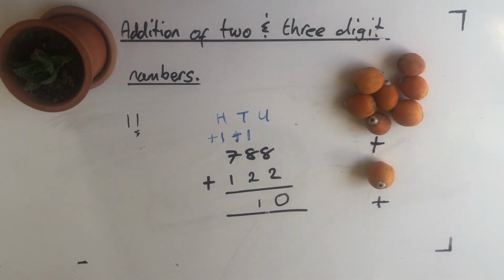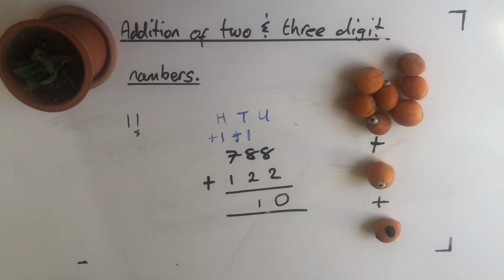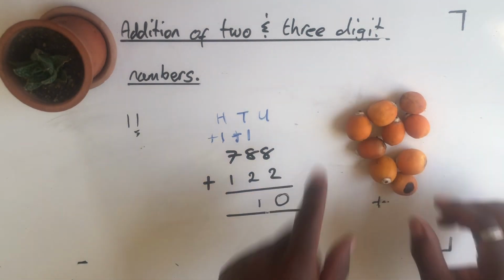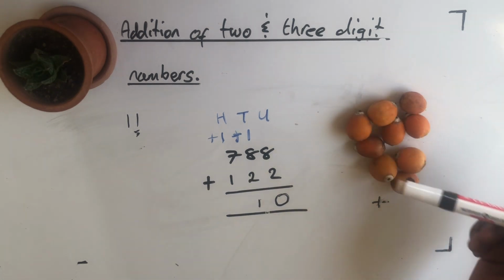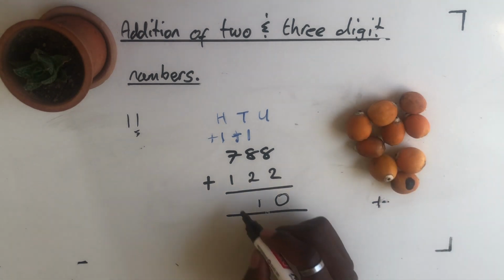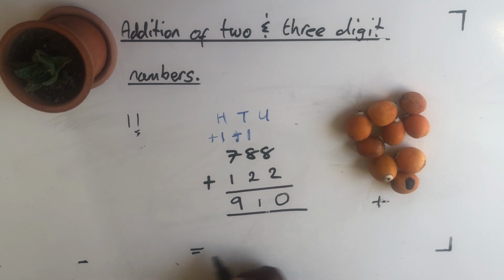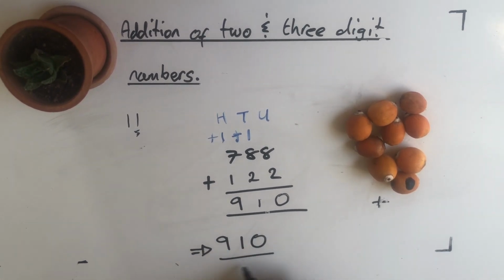Plus just that one that we've carried from the tens. And when I put them together, I have 1, 2, 3, 4, 5, 6, 7, 8, 9. So my answer is 9 there. And the sum of these two numbers will now be 910.